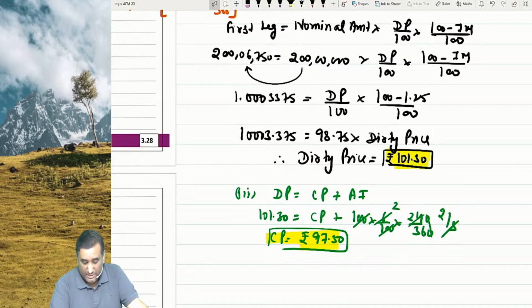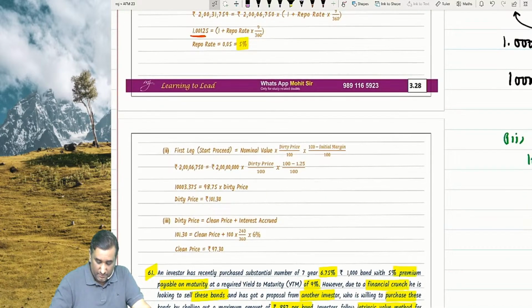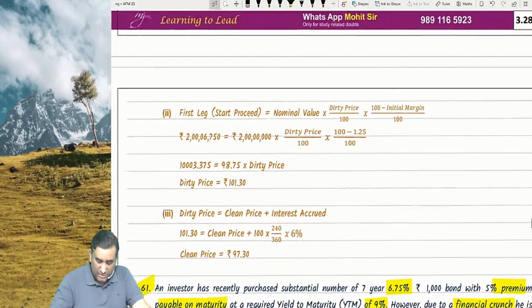Dirty price is clean price plus accrued interest. It's 97.30. Because the area of mistake is actually that this has to be done on the 100.